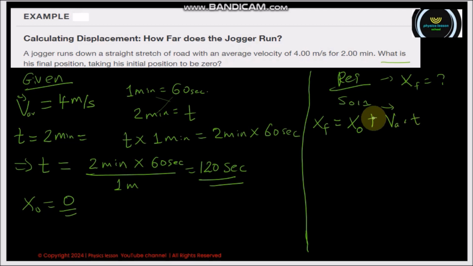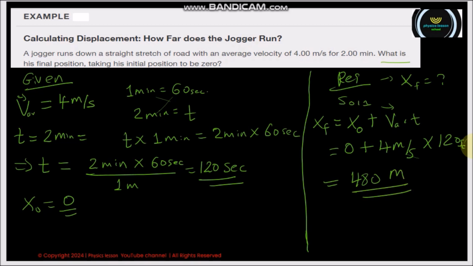The initial position is 0 plus the average velocity, which is 4 meters per second, times the time, which is 120 seconds. In total, that is equal to 4 times 120, which is 480 seconds. The second is cancelled by this second. What's left? Only meters. That is the final position. Alright.